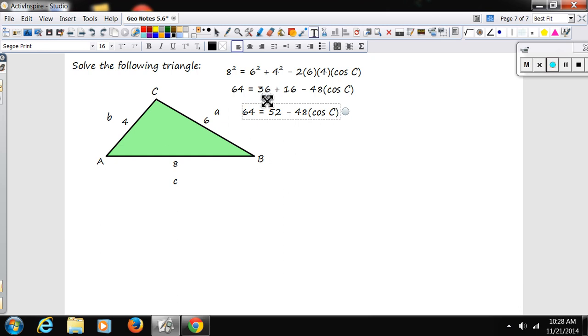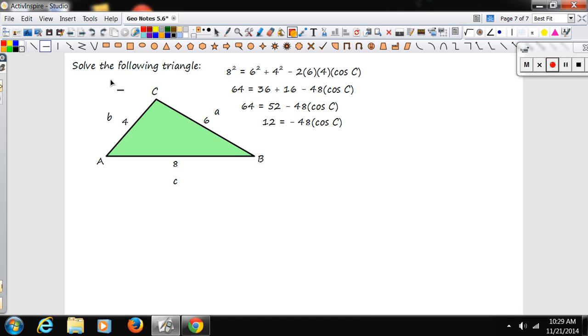And then you're going to subtract 52 on both sides. So you're actually going to end up with 12 equals negative 48 times the cosine of C. Now, how do I get the cosine of C by itself now? You've got to divide both sides by the negative 48.